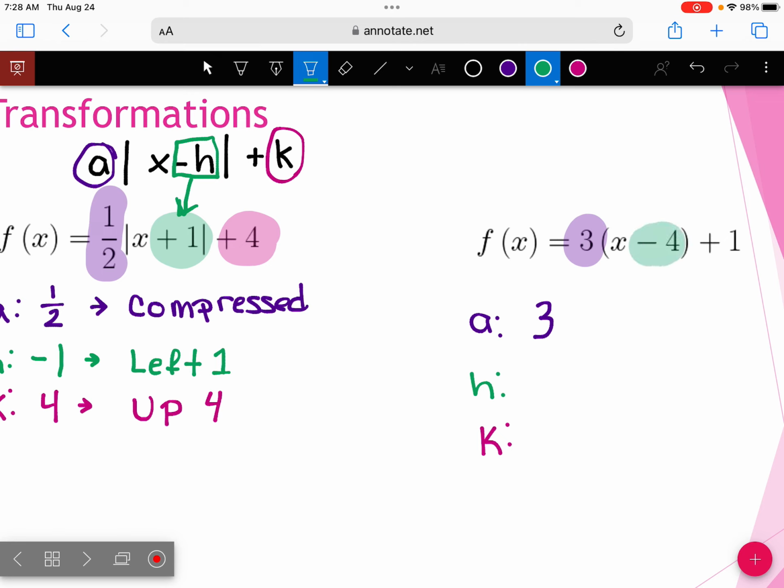So what is the value of H? 4. And K is added on the end. So our K is what? 1. Those are all the pieces. We're going to say what that means.